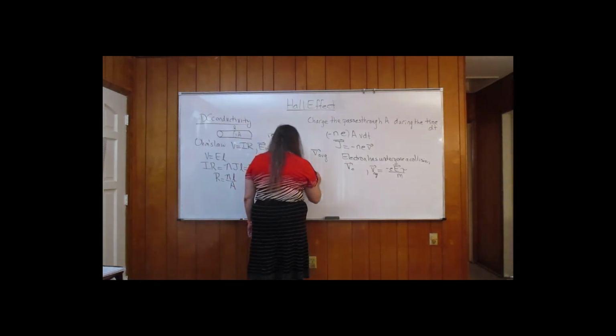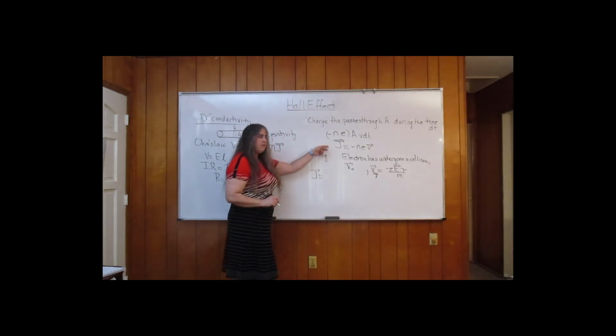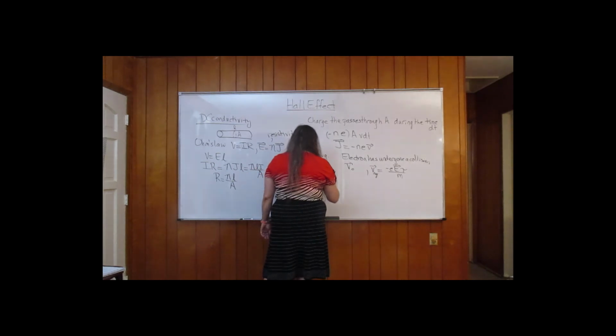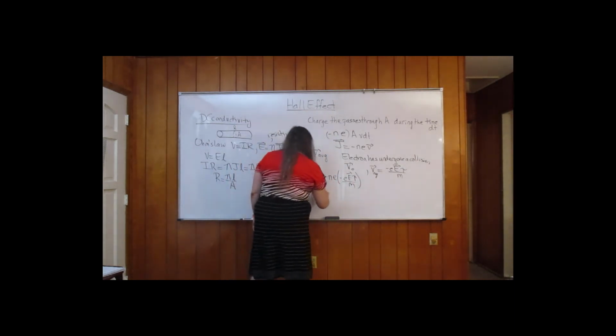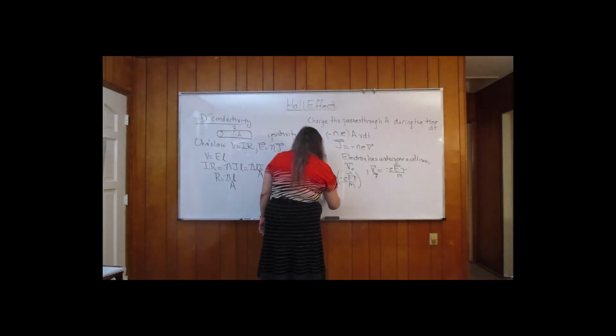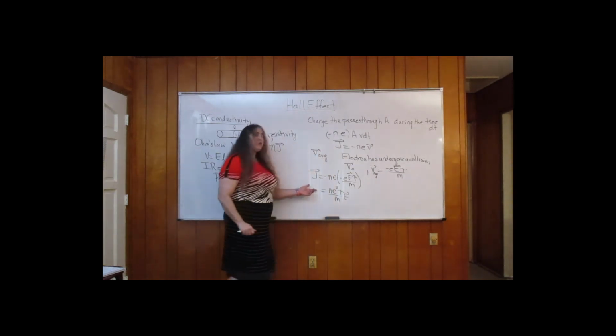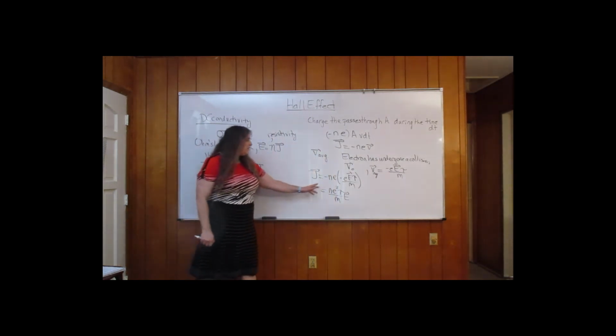So therefore, I plug this expression for velocity into here, and this is equal to minus ne times minus e times E. And now we've derived an expression relating the current density to the electric field.